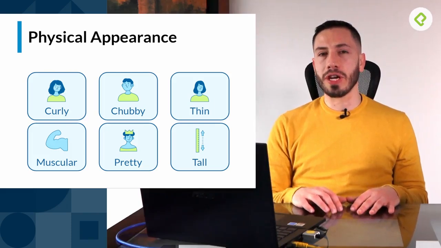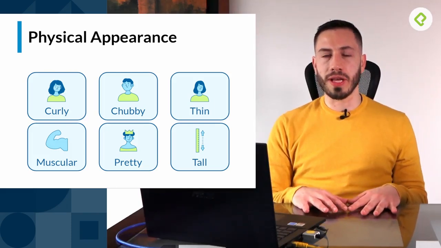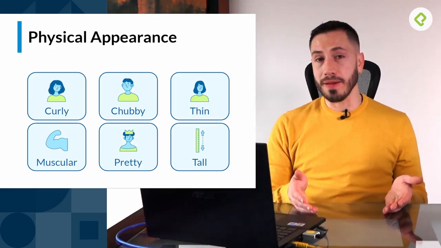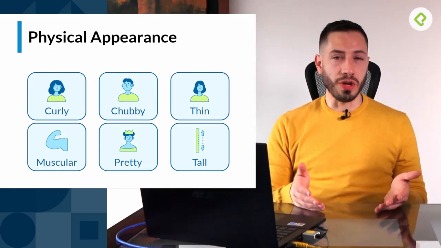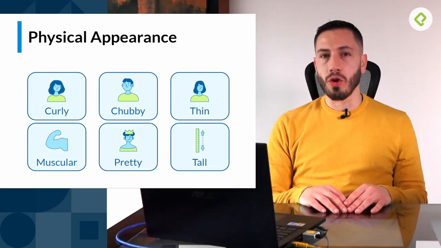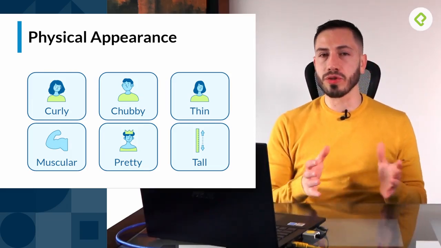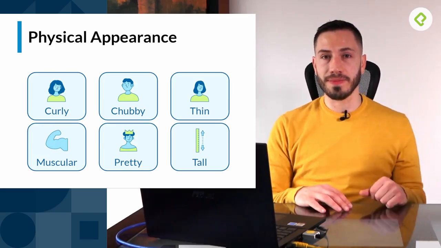We can refer to someone as muscular. This is someone that maybe goes regularly to the gym. Someone can be pretty, which means good looking or beautiful, or someone can be tall or short, which is the opposite, and those two words refer to height.